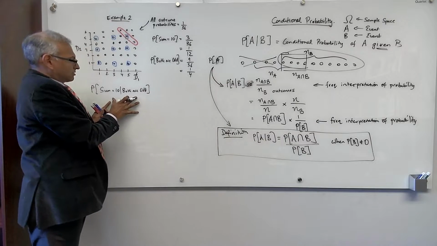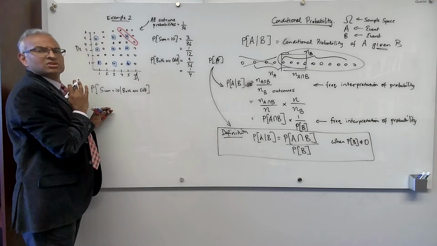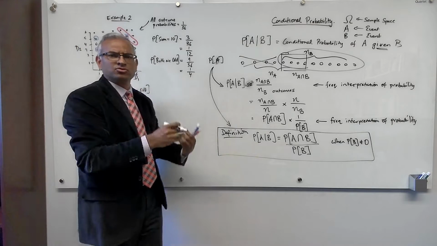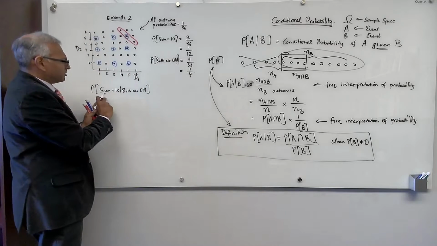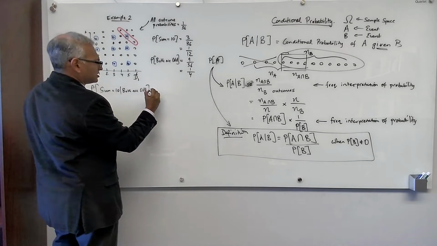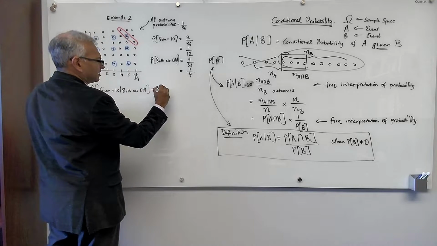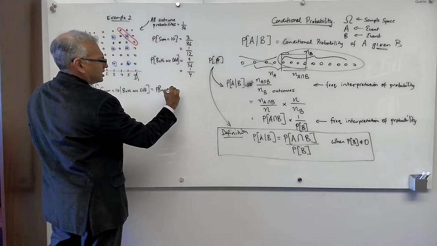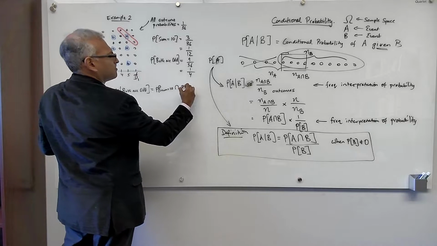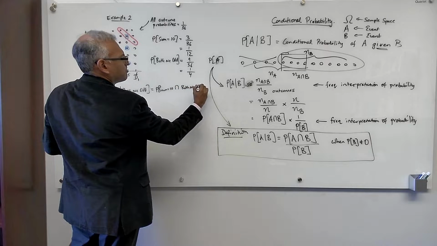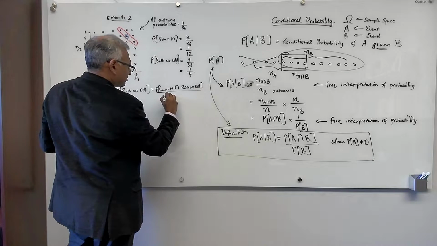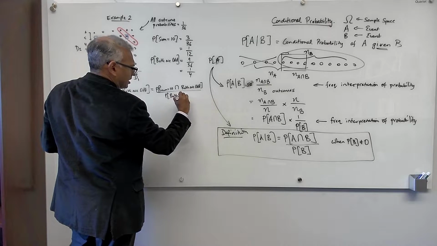Now we just apply the definition of conditional probability, the mechanical approach. The probability that the sum is 10 given that both are odd is equal to the probability that the sum is 10 and both are odd, divided by the probability that both are odd.